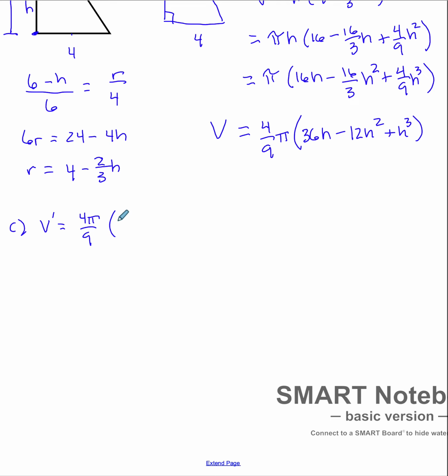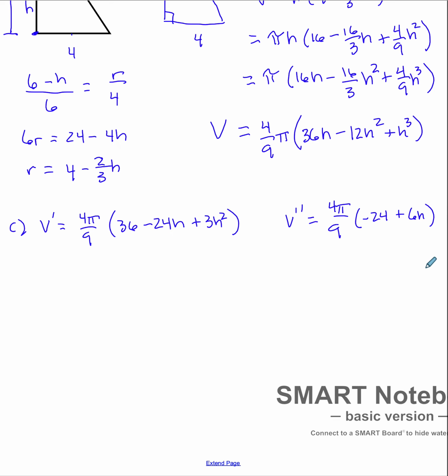And then this derivative is what? 36 minus 24h plus 3h squared. And so the second derivative is the derivative of the first derivative. The 4 pi over 9 stays. It's really insignificant at this point. 4 pi over 9. And then the derivative of this guy inside is negative 24 plus 6h.